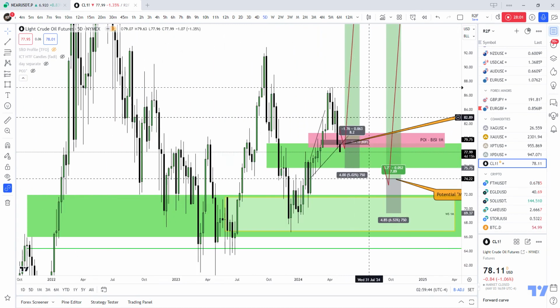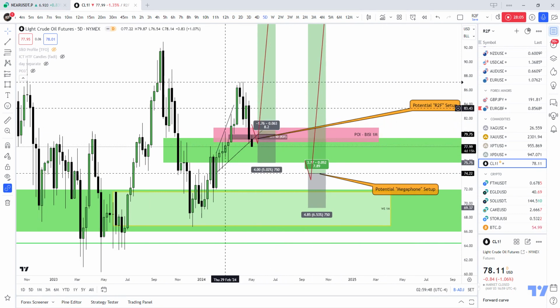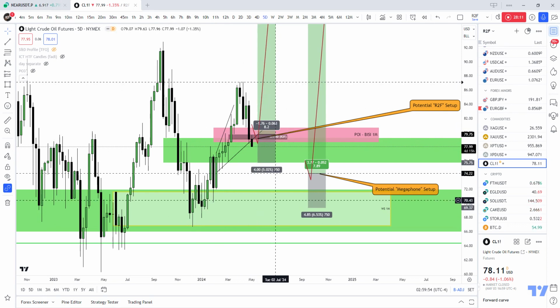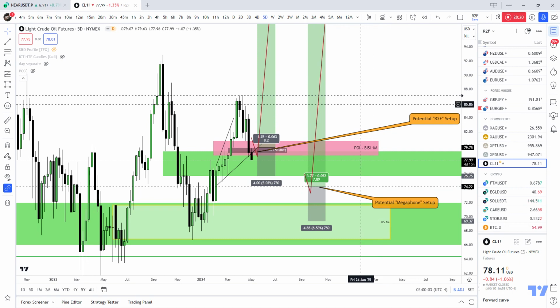So I also have another setup here, which is my megaphone setup, which is this broadening wedge along with an order block, price breaking down, coming into it, and then expanding up. Okay, so these are my models, but I still look for confirmation since they are on such high time frames, right? I would like to catch a better RR.